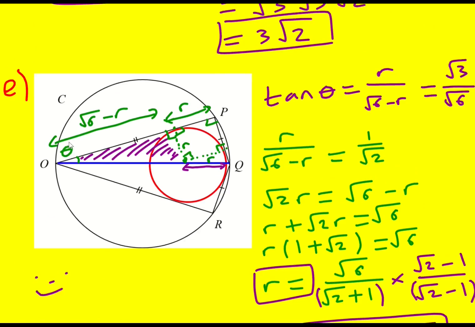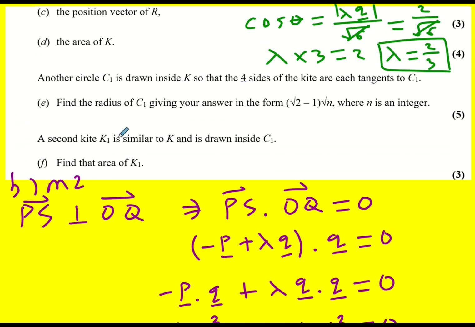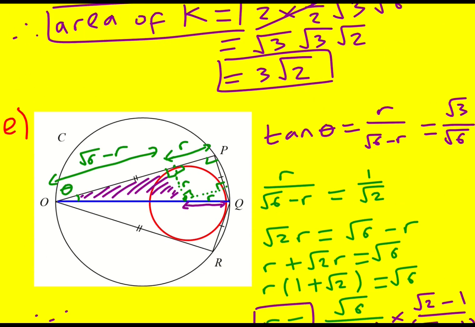This leaves us with the final part, way back up here. A second kite, K1, is similar to K and is drawn inside C1. Find the area of K1. Okay, I'm going to do this in black, I think. So inside it, we're going to have something that looks a little bit like this.